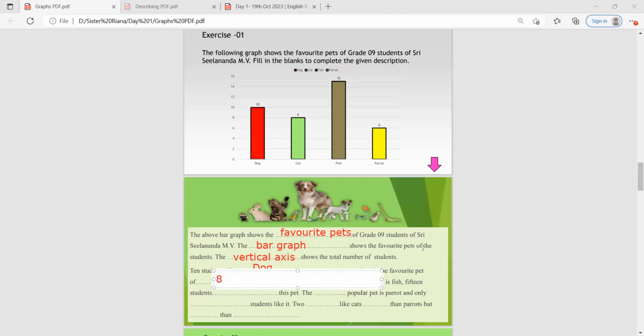According to the bar chart, you can get the blank popular pet is fish. The most, then fish is the most liked. The most popular pet is fish. 15 students like this pet.